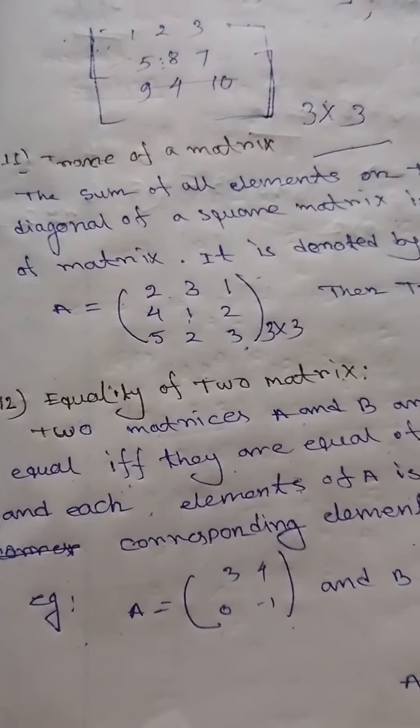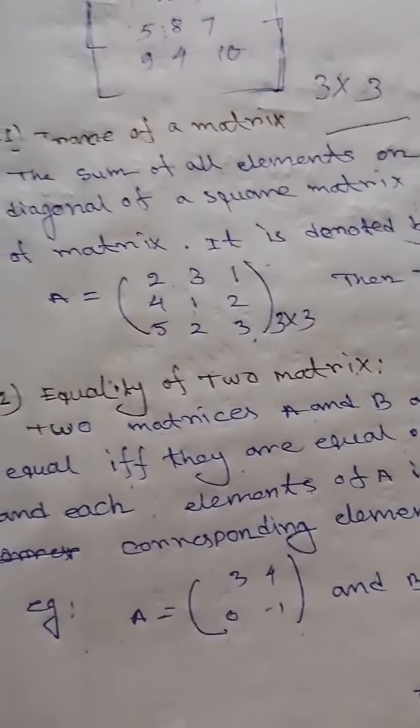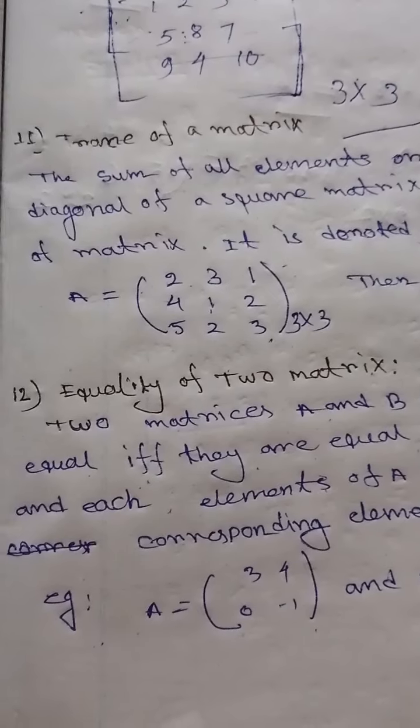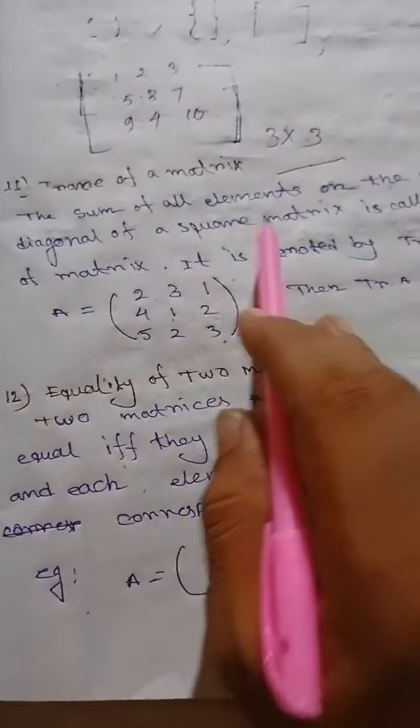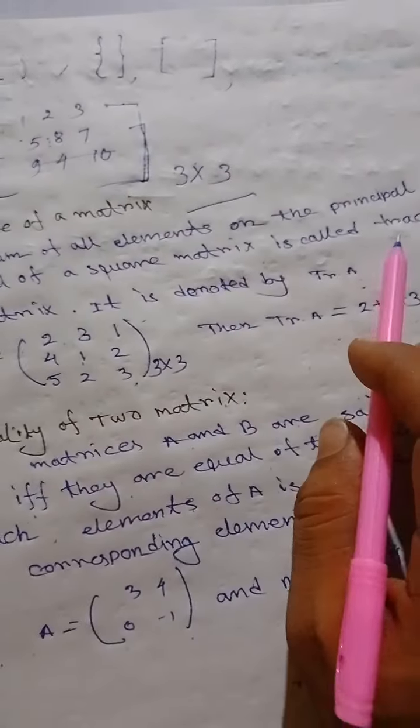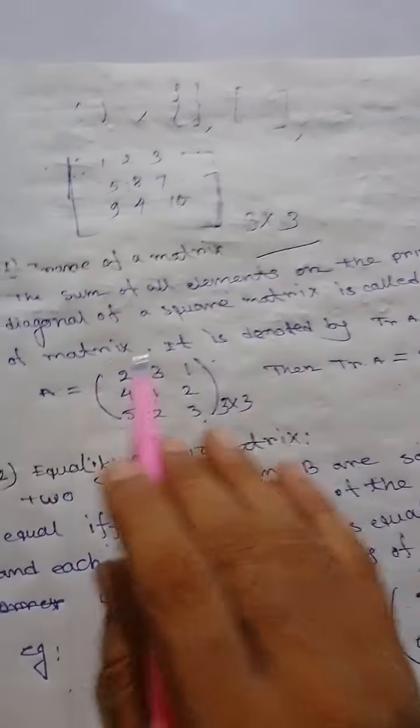Eleventh type of matrix: trace of a matrix. The sum of all elements on the principal diagonal of a square matrix is called the trace of a matrix.